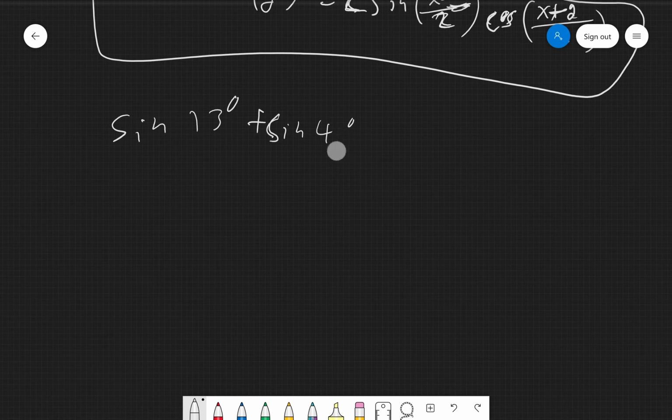I know, ugly numbers, but suck it up and do these. It's the sine of 73 degrees. I know it's really nicey spicy.